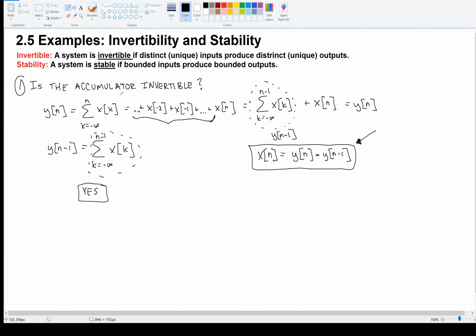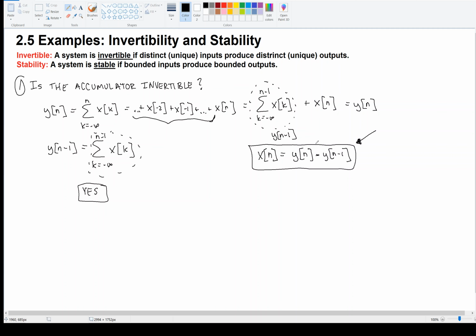By the way, if you're thinking in terms of calculus, the integral and derivative operations do not apply to discrete time. The accumulator is the analogous operation to integration. Integration is a sum of areas, right? And accumulation is a sum as well. And then the first difference, this is what we have here, right? The first difference is like the differentiation operator in continuous time.